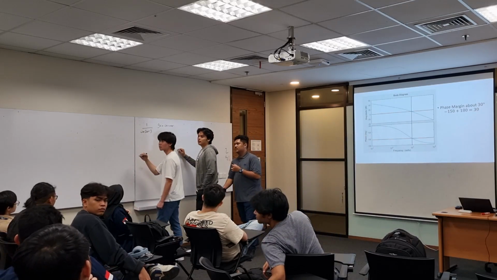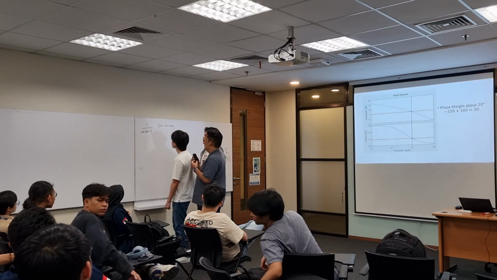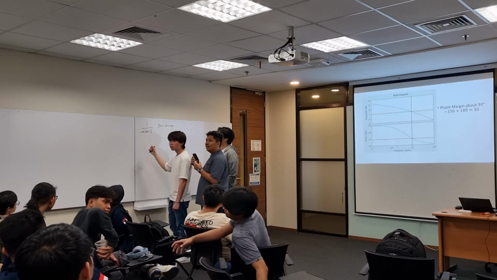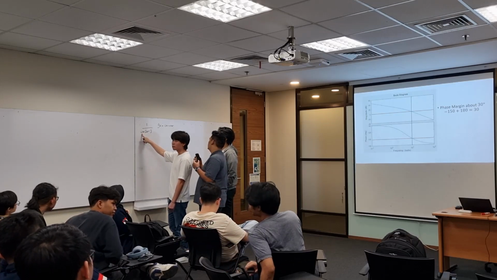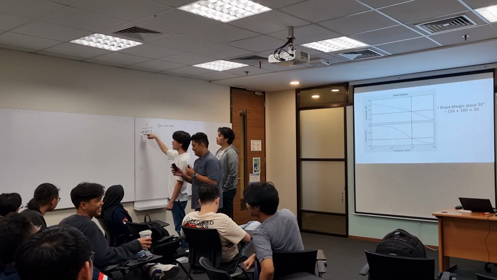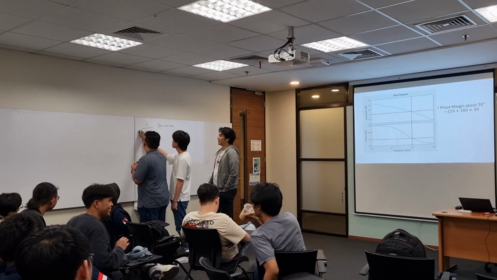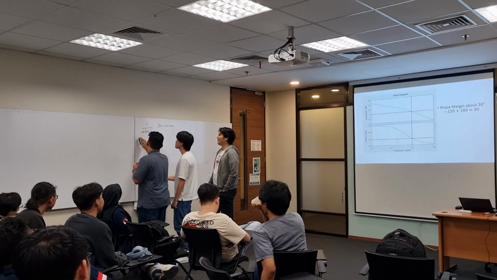It's j omega, so it's like 1 over j omega times (j omega plus 1).